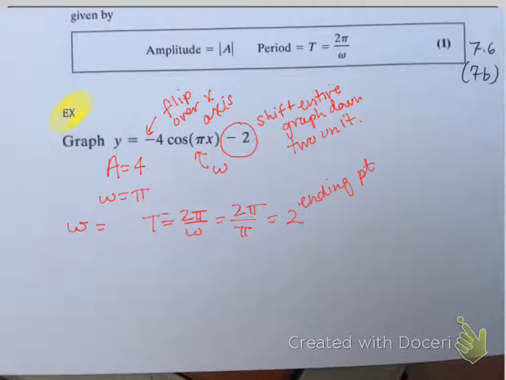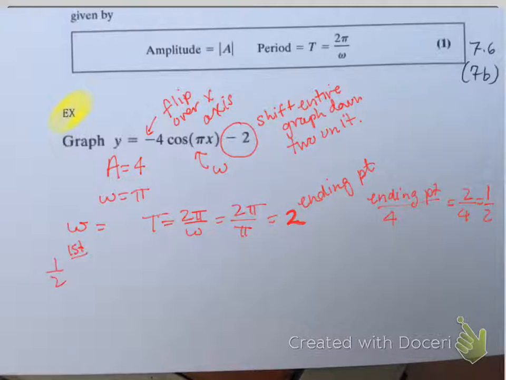And to find your 4 key points to replace the original parent function, we're going to have to take that ending point and divide it by 4. And when we do that, we get 2 over 4, which equals 1/2. 1/2 is your first point.